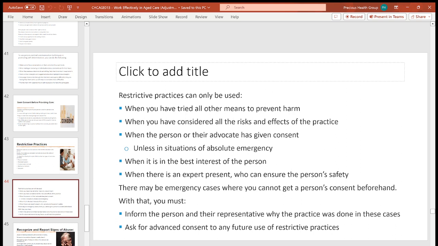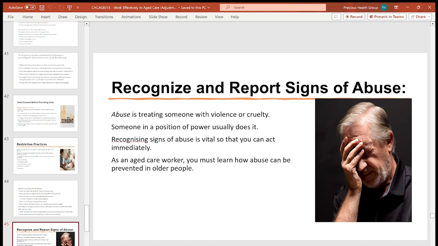These are the expected steps and policy or procedure that must be followed before you use any restrictive practice. And other than following all these steps, we should have a control measure in place that will show that we are trying to reduce any form of restriction that our client or patient or other person in our care is going through.